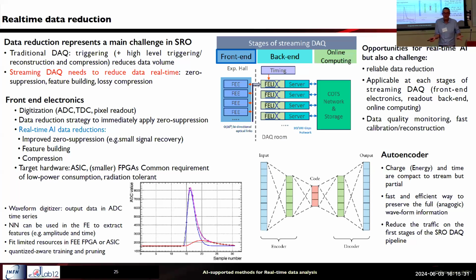Because if not, I don't have enough information to reconstruct the signal. So I'm also using a priori information. It's not just based on data, not only based on observation.